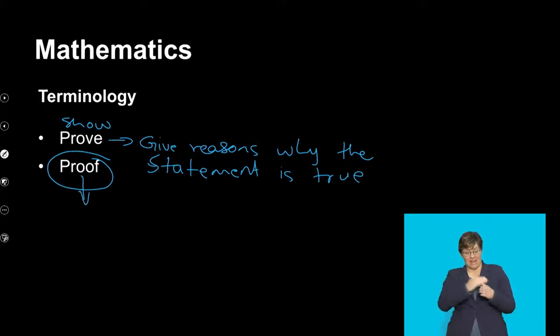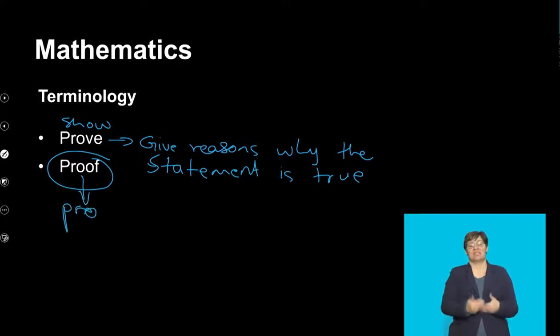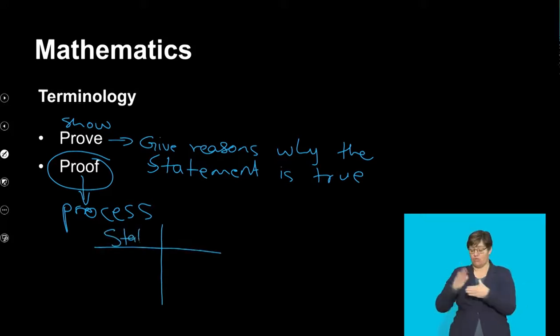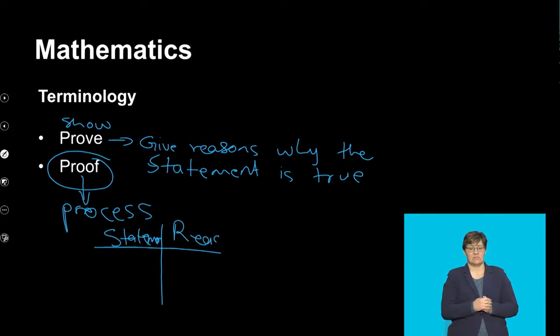So this will be the process that you write down. And the process will always be what? You having a statement, and with the statement, you will therefore give me a reason why that statement is true, at all times. Not things like adding numbers or subtracting numbers.